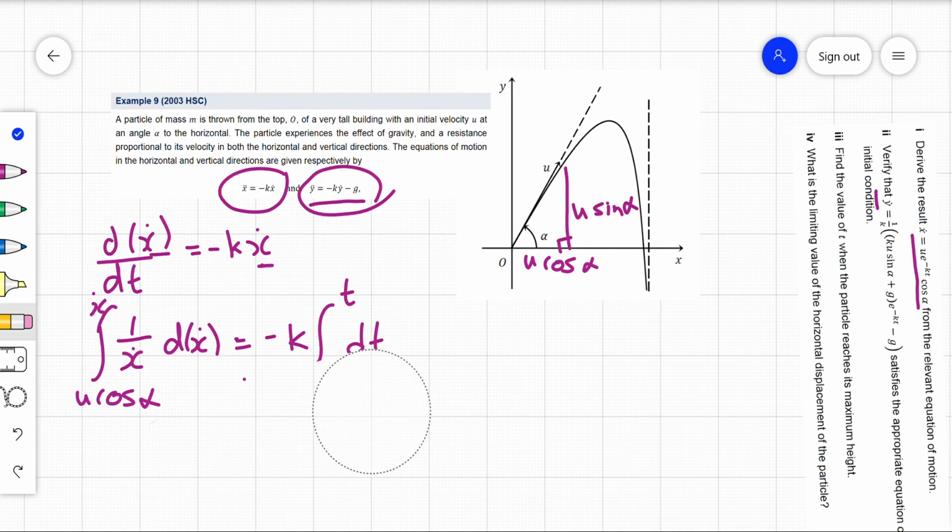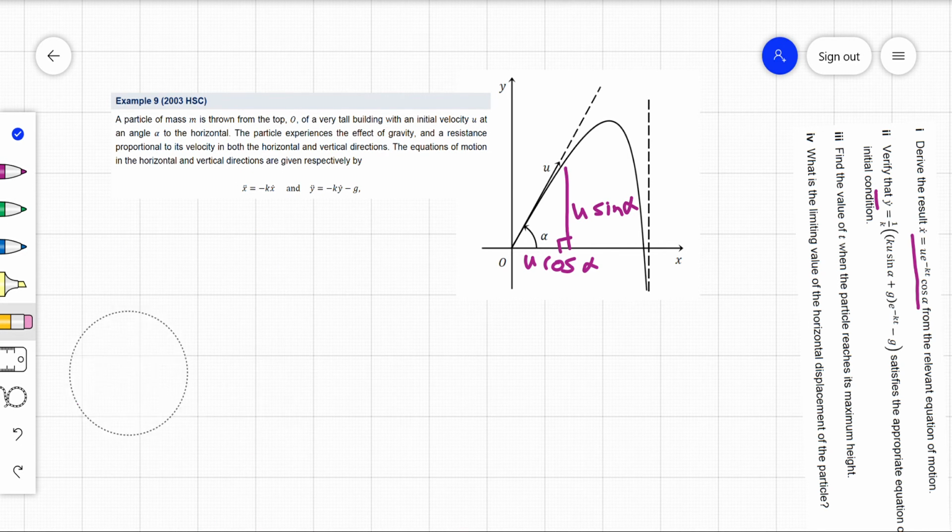All right, so what is y double dot? Actually, I'll start with my y dot because that's what I'm given.